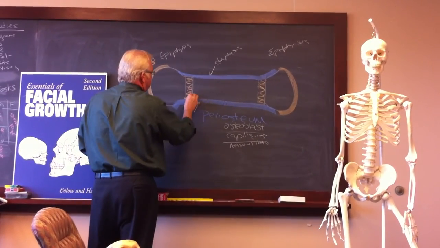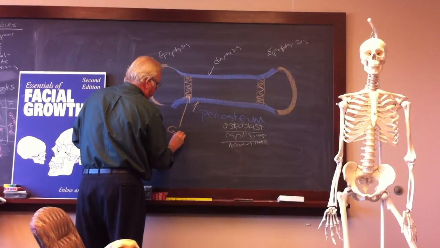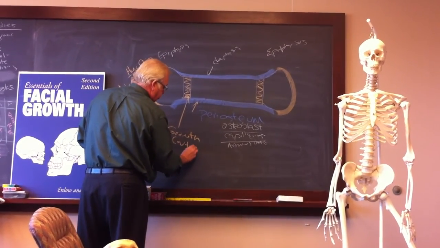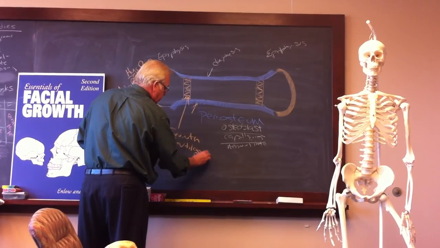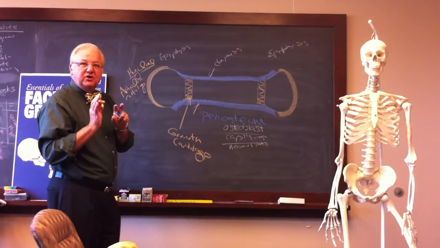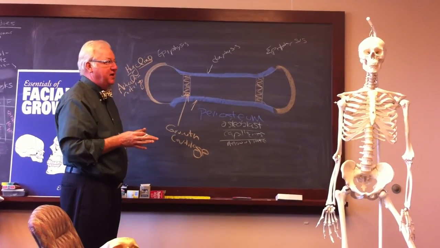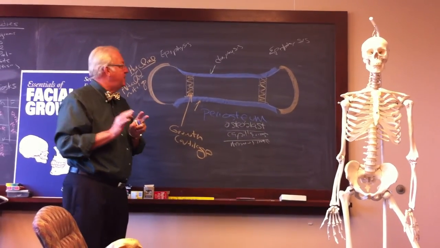Whereas here, we have growth cartilage. So you see, cartilage occupies a unique position within the appendicular skeleton, and we'll see also within the face.